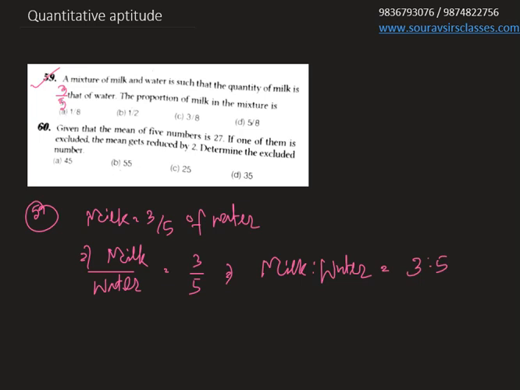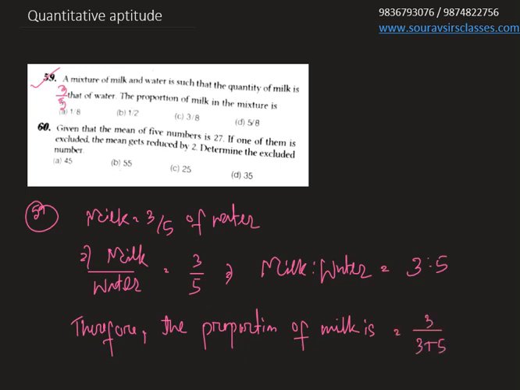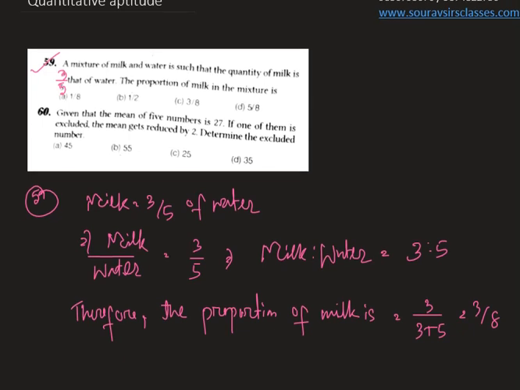Therefore, the proportion of milk is 3 divided by 3 plus 5, which results in 3 by 8. So the proportion of milk in the mixture is 3 by 8.